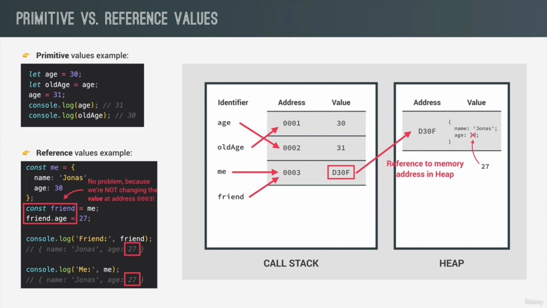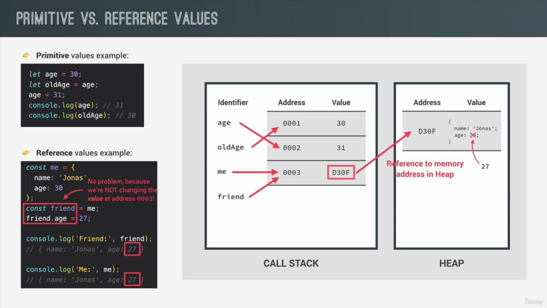And the reason for this, as we can see in this slide, is the fact that me and friend actually point to the exact same object in the memory heap. So whenever we change something in this object, it will always be reflected in friend and in me. So in both these objects.